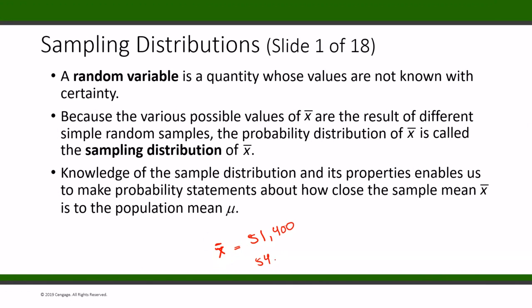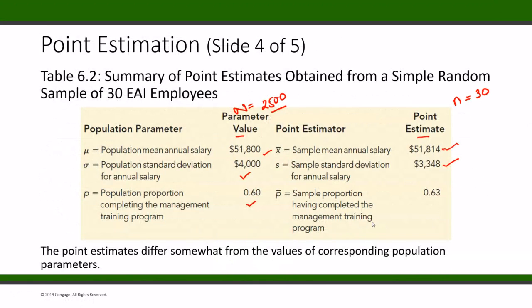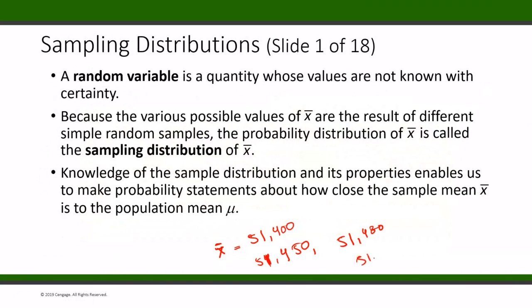When I took it, I got 51,450. When the textbook took the sample, it came out 51,480. And another sample came out 51,814. So when you took a second sample with a new random number generated, you got a different value. Every time you take a sample of 30 employees, it changes its value a little bit.